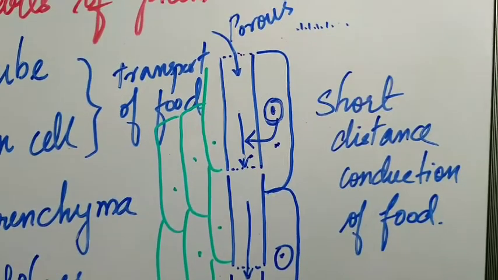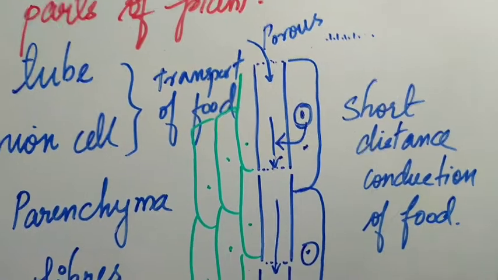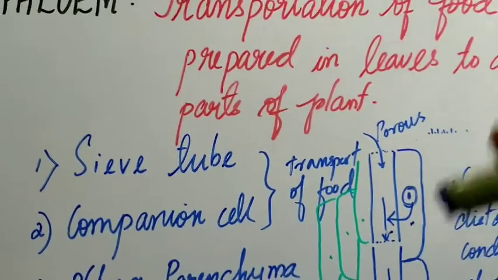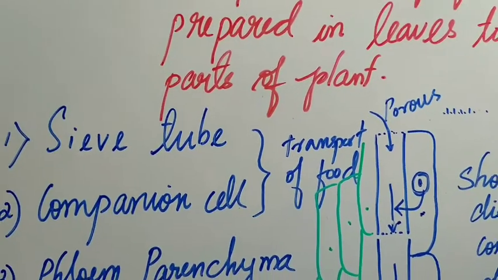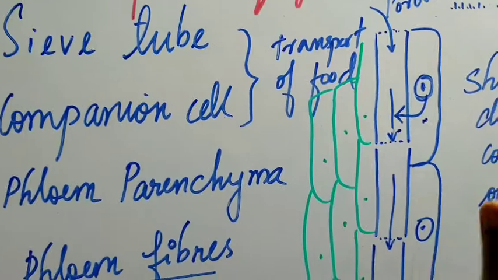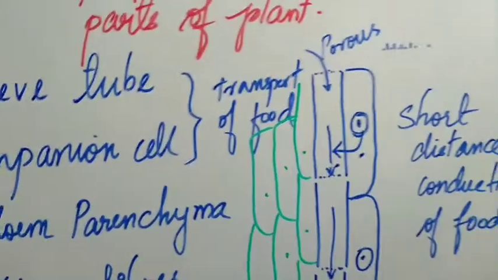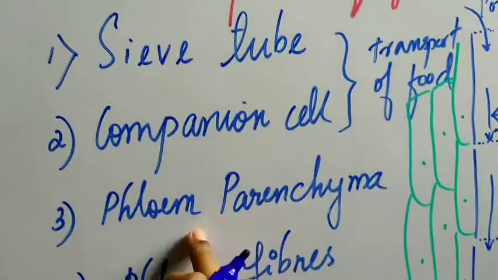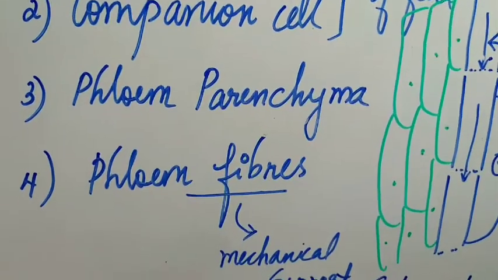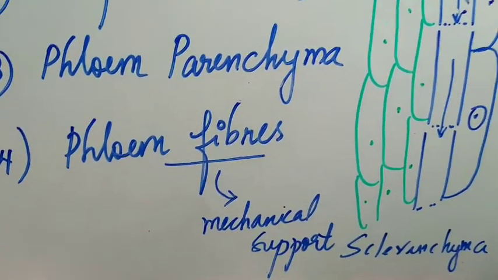For a big plant, the main sieve tubes and companion cells perform conduction from the leaves to the roots. But for short distances, if food has to go from one leaf to the next leaf, it can be done by the phloem parenchyma. Phloem fibers, since they are made up of dead cells, have the main function of providing mechanical support.